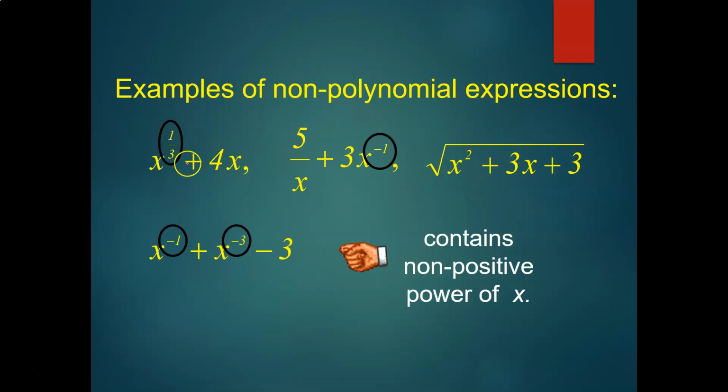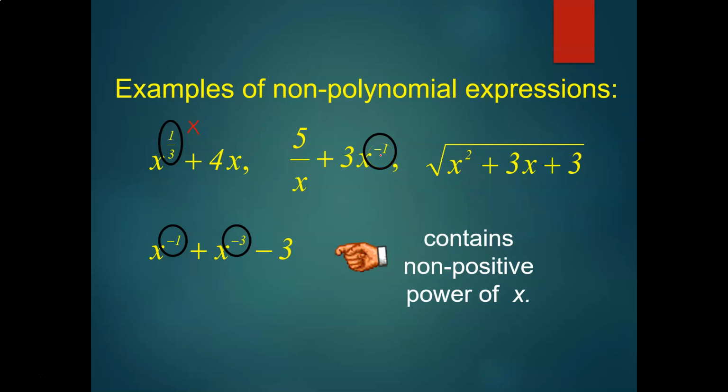So this is obviously non-polynomial. Not a polynomial, this one. And let's see this one. We have 3x to the power of negative 1. It already says negative 1. This is not a polynomial. Why? Because the power is negative 1.